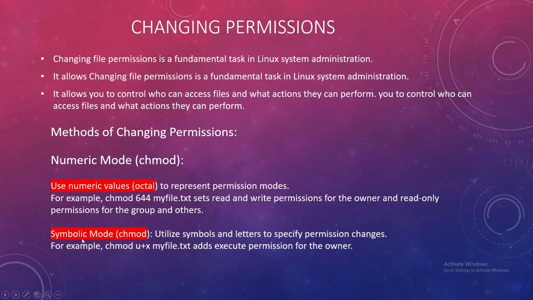As I've explained in the previous slide, I think it will be very easy for you to understand how this 644 is working. And in the symbolic mode, the way we can use it is chmod u plus x.